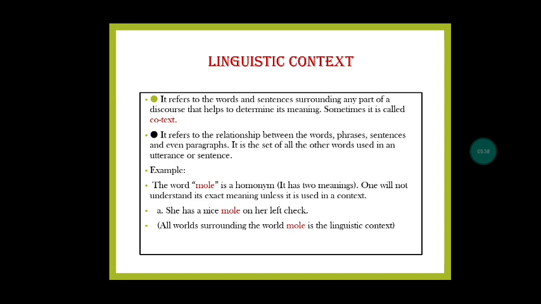If we have the word mole in a sentence like this, she has a nice mole on her cheek, the surrounding words help us to determine the meaning of the word mole. So we will understand that it is the skin mark. All the words surrounding the word mole are the linguistic context.